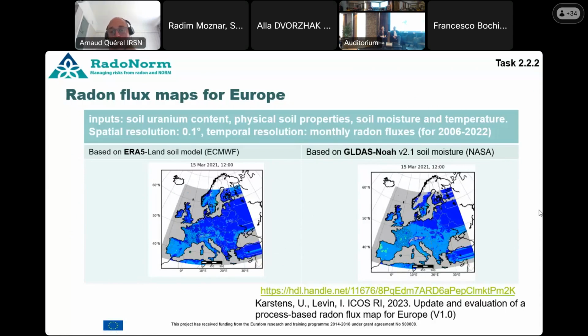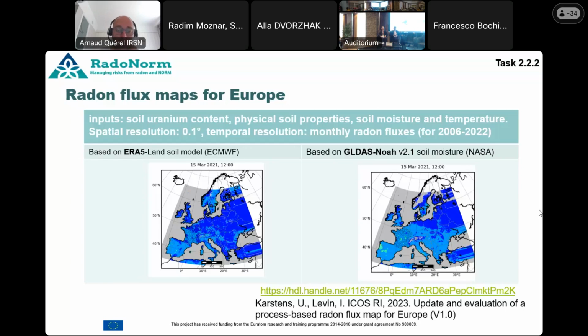Yeah, we have tested both monthly mean data and daily mean data of radon exhalation flux maps. The daily one does not lead to any significant improvement in the modeling. It only leads to heavier input data.